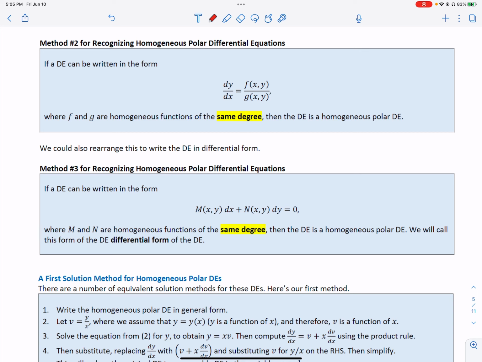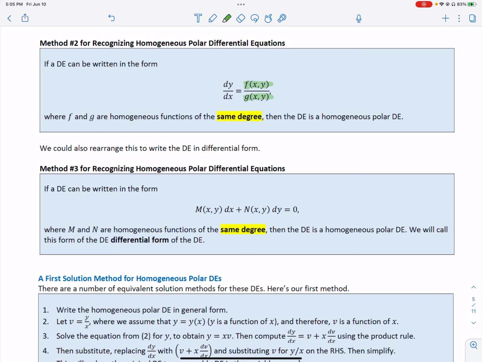You just have to manipulate the equation so that anytime there's a variable, it's y over x. I don't like this. I think the way that we're about to do here is much quicker. So what this says is, a DE, if it can be written in this form, and if this is a homogeneous function of degree n, and this is a homogeneous function of the same degree n, then the DE itself is homogeneous polar.